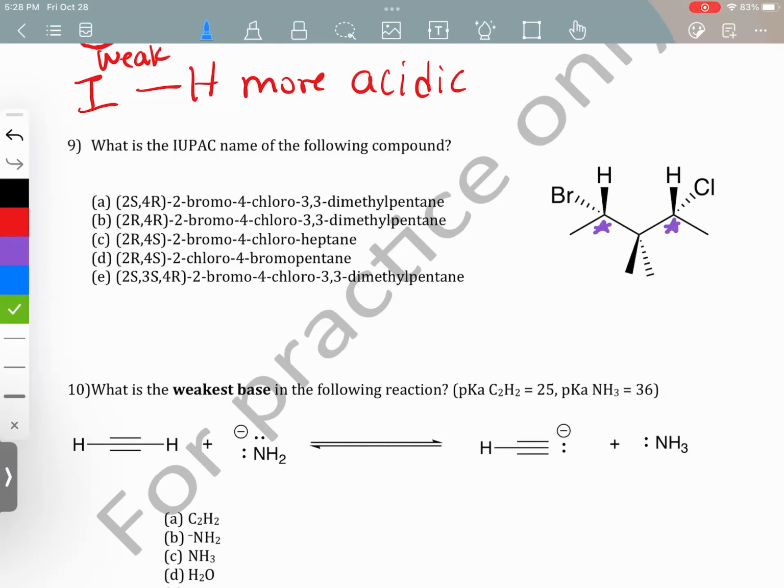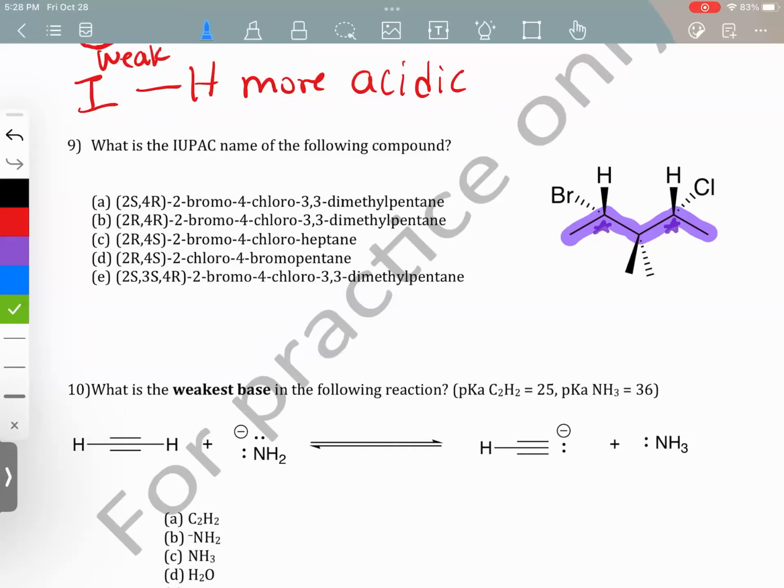So when we start numbering the carbon chain, first, let's find the longest carbon chain. What would be the longest carbon chain in this molecule? 5. Right, 5. 1, 2, 3, 4, 5. 5 is the longest carbon chain. So the ending name for it would be what?